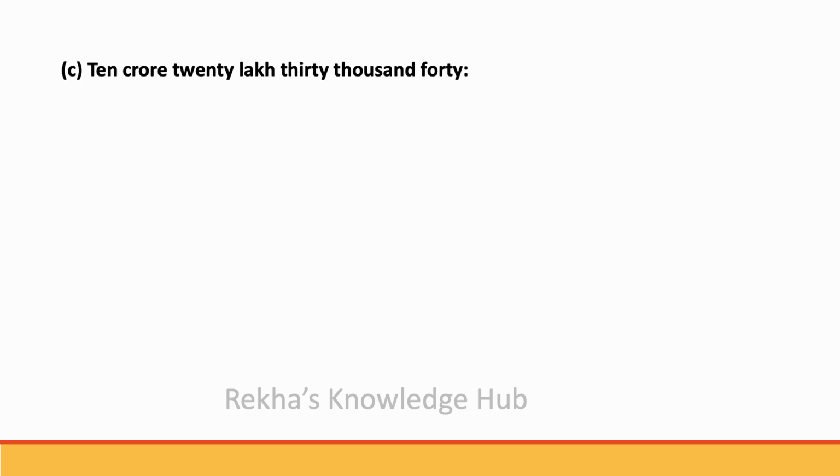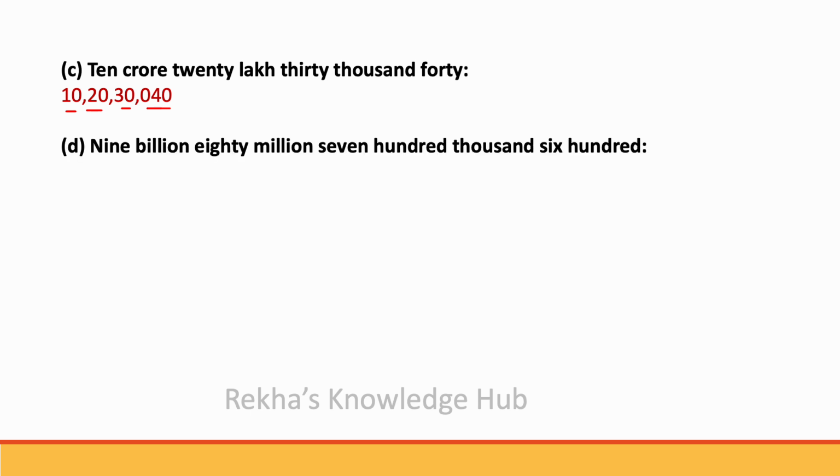10 crore, 20 lakh, 30,040. See, this is 10 crore, 20 lakh, 30,040. Next one, 9 billion, 80 million, 700,600. In the American system, this will be like this: 9 billion, 80 million, 700,600.